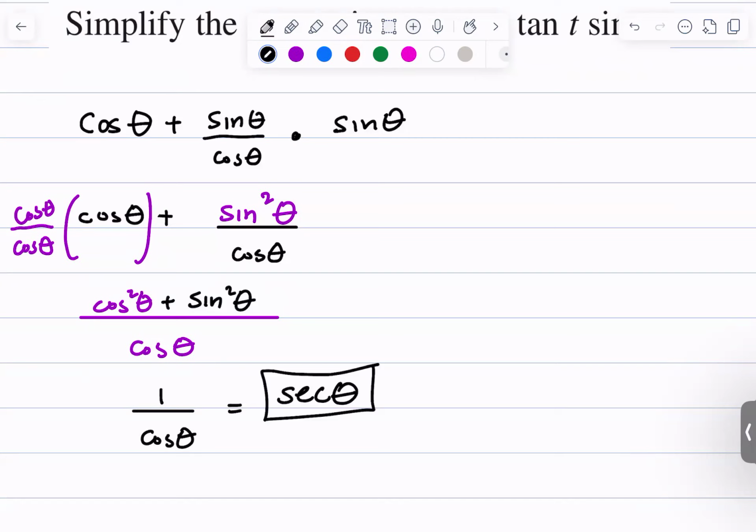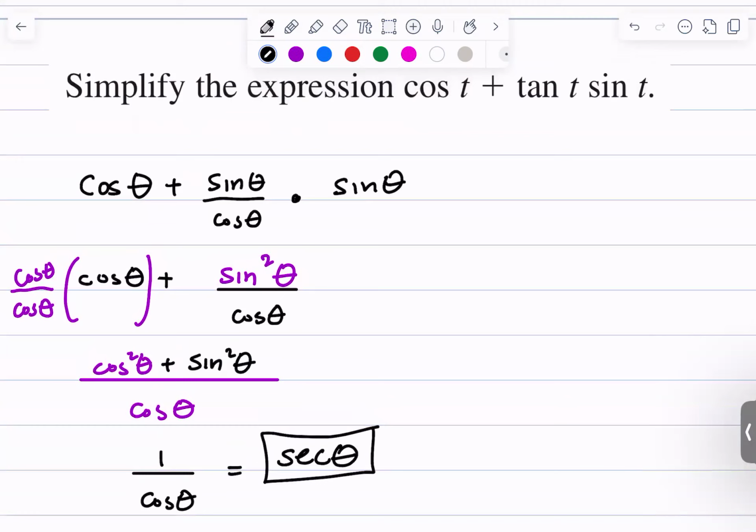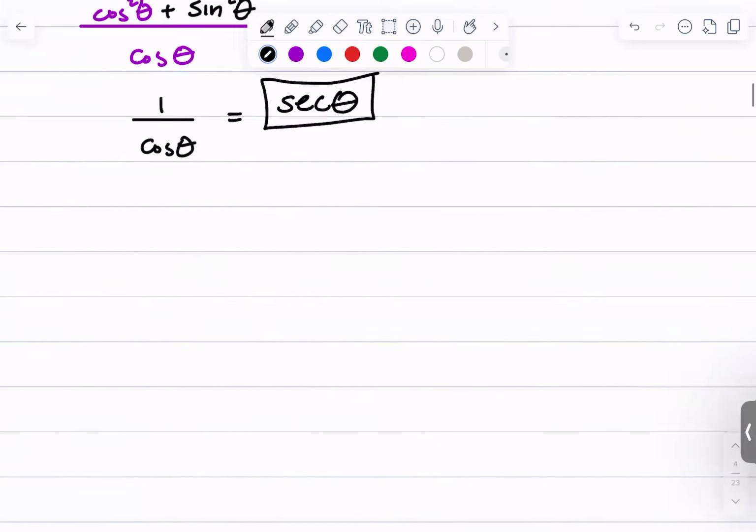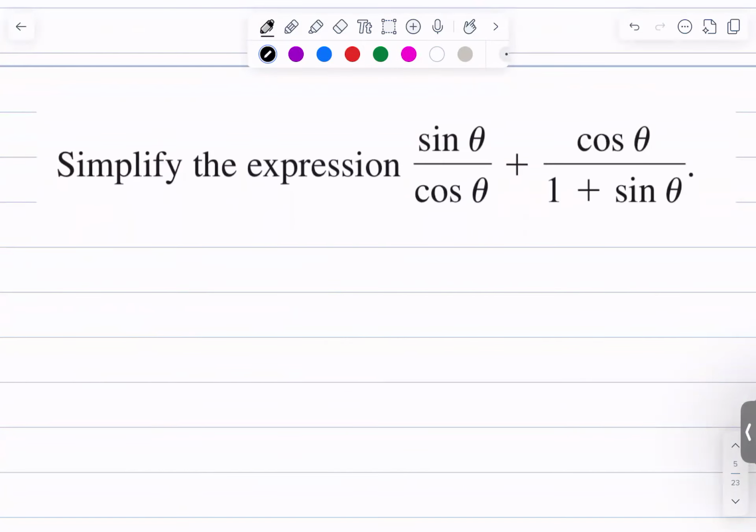Okay? So we're essentially just putting it in terms of sine and cosine and running through the steps. Okay, and simplifying, canceling, getting the common denominator, all the algebra skills that we need. Okay? So the second one is this. I see two fractions. Everything is in terms of sine and cosine.